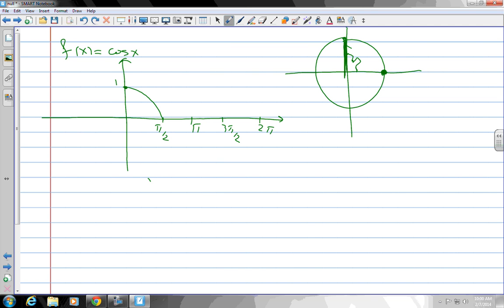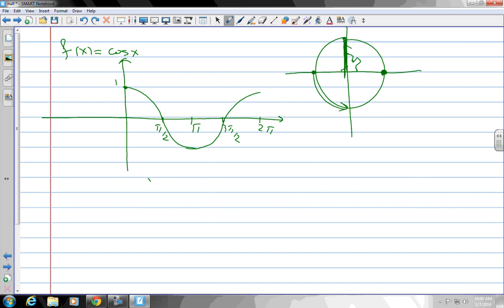Then as you go from pi over 2 to pi, you're dropping the cosine. What is the value of cosine at pi? Again, you just look at the x value, -1. So it'll go all the way to -1. And then it will get back to 0 as it travels this way, and then back to 1.